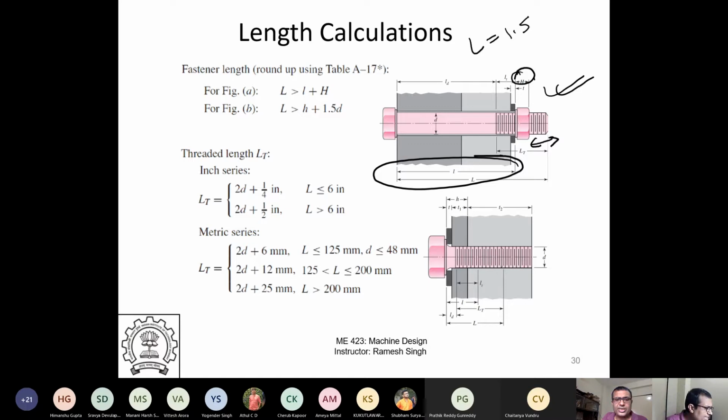To size the bolt, you need to know the effective grip length, which means what you are compressing, plus the height of the bolt, and the bolt should be longer than that.